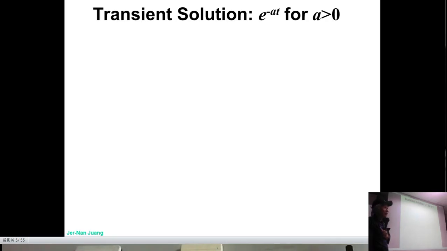Because if you don't know anything about the system, then you can design a TMD and put it on the system. It's not going to damage the system. However, it may not help the system at all either, if you don't tune your TMD in the right way.